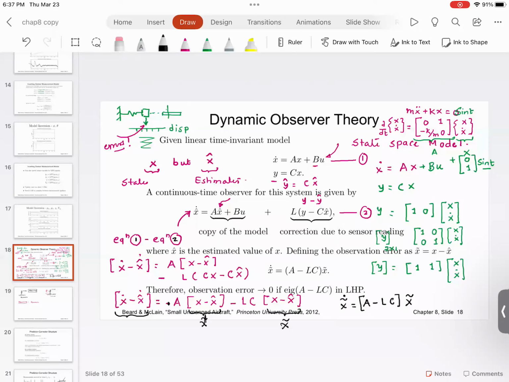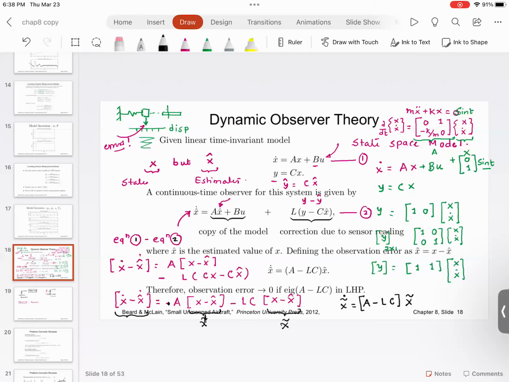So x tilde essentially is the error. Do you agree with me? So now I have an error dynamics equation. And I want you to understand it very fundamentally, because sometimes you can just use PID to do what Kalman filtering is doing. So right now I have an error dynamics equation, E dot is equal to a matrix times E.